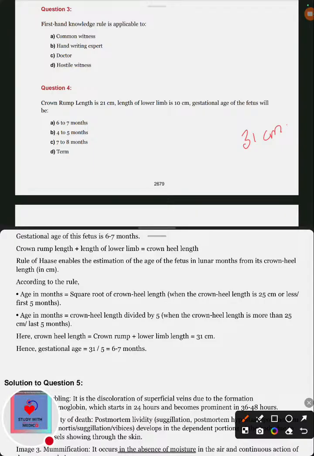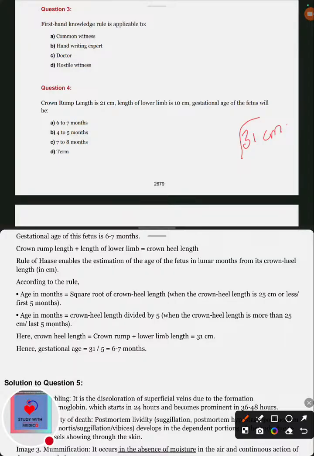According to Haase's rule, when the crown heel length is 25 centimeter or less, take the square root to get the age in months. When it is more than 25 centimeter, divide it by 5. So here it is more than 25, right?